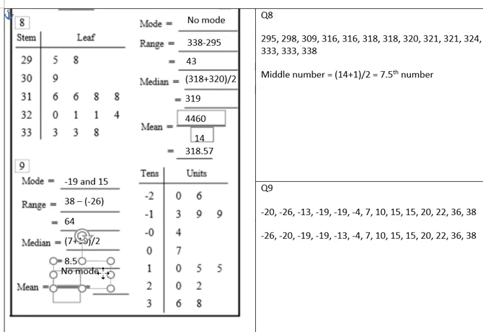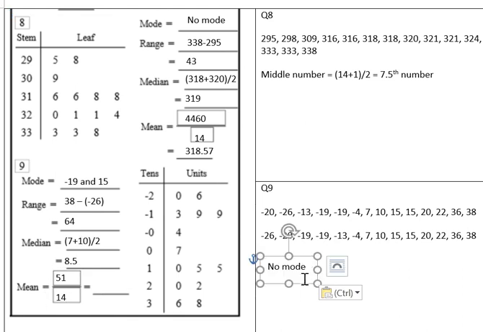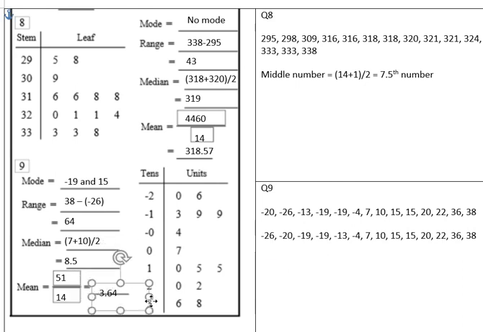So 51 divided by 14. If we work that out, our mean is 3.64.